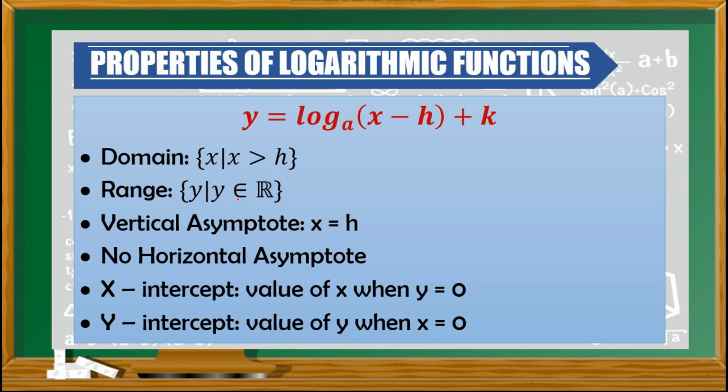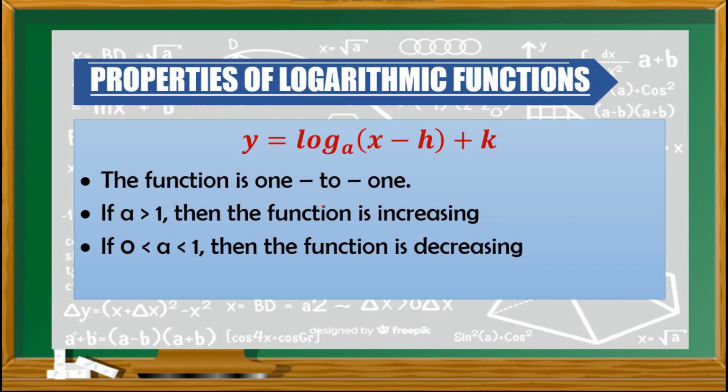As for the range, it is always the set of real numbers. For the vertical asymptote, it is x equals h. Next, there is no horizontal asymptote in any logarithmic function. For the x-intercept, you need to solve for x when y is 0. For the y-intercept, set the value of x as 0 and solve for the value of y. The function is 1-to-1 and it has an inverse function, which is the exponential.